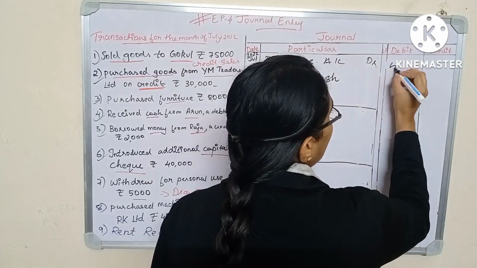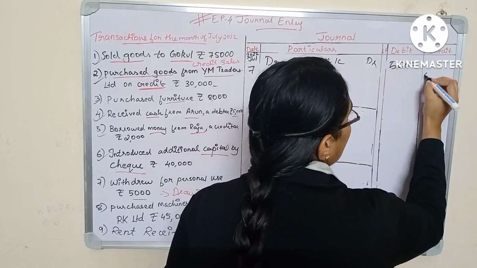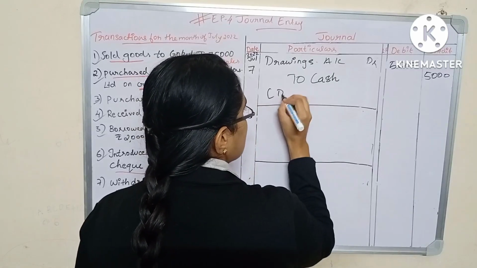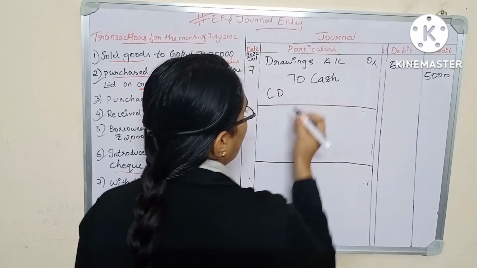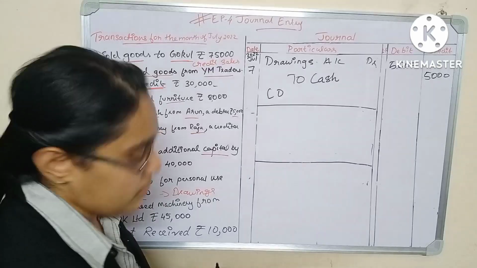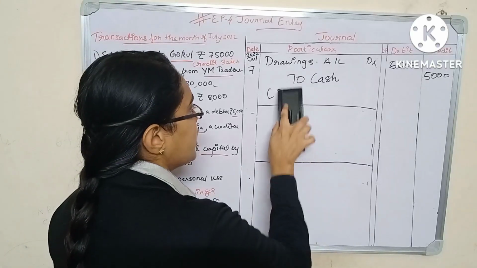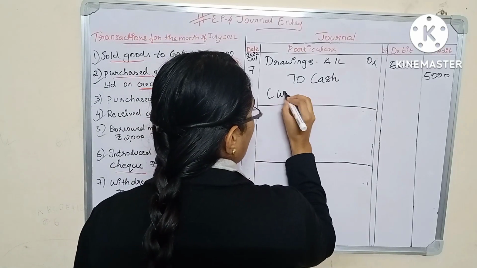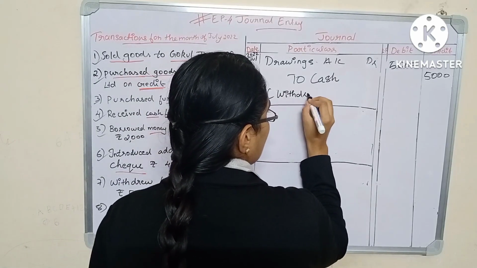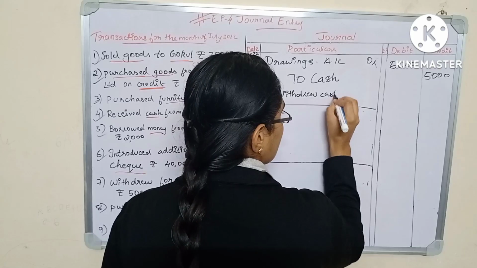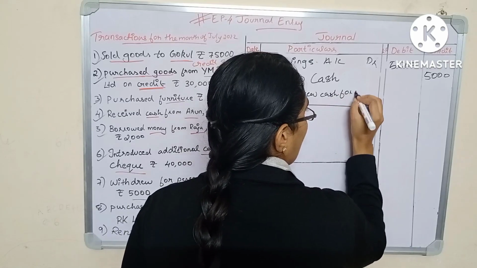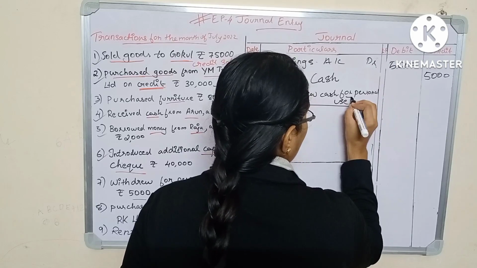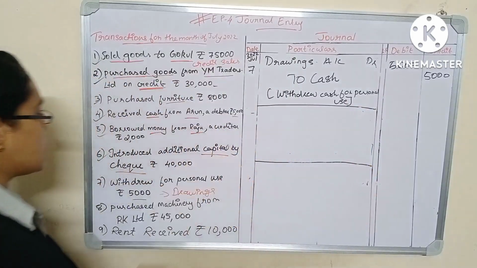So you write 5,000 here and 5,000 here. For the narration, you can write drawings, or you can write withdrew cash for personal use, and you can close it.